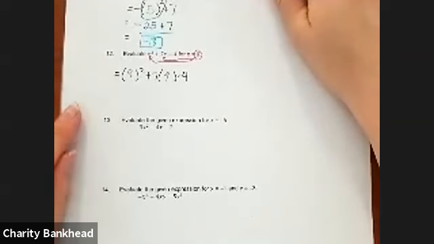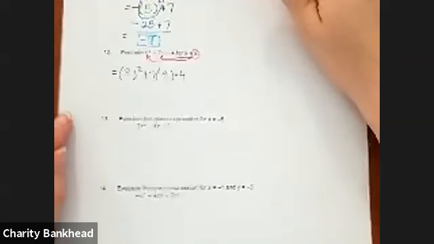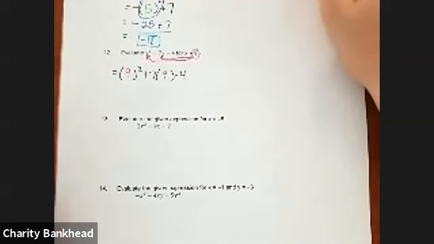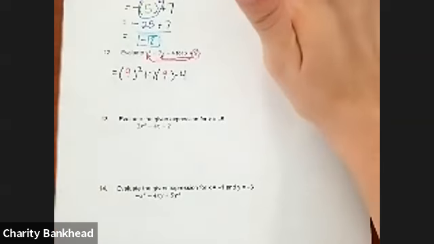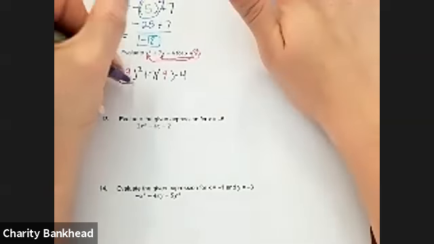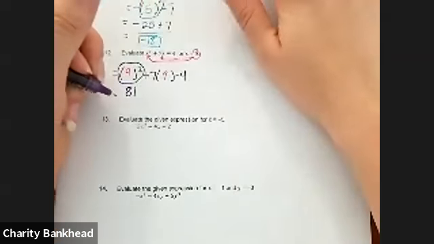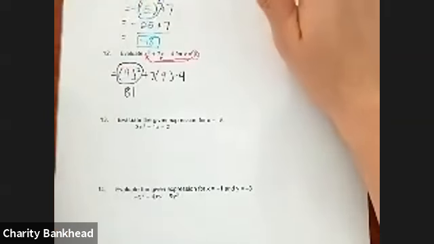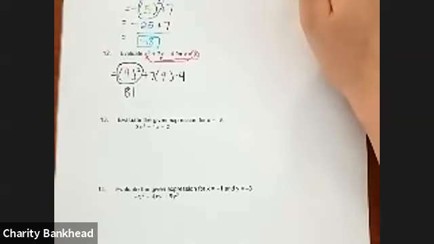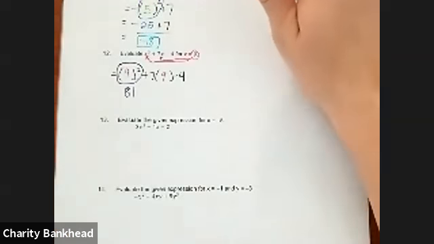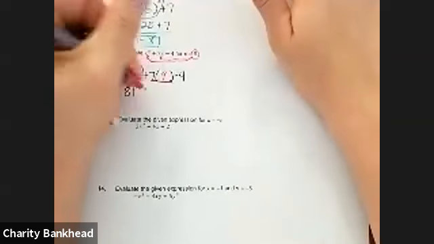Okay, so there's nothing in the parentheses to do. It's just the number 9. So I'm going to do the exponents. So 9 squared is 81. And I could go ahead and do the multiplying as well. And so 7 times 9 equals 63.